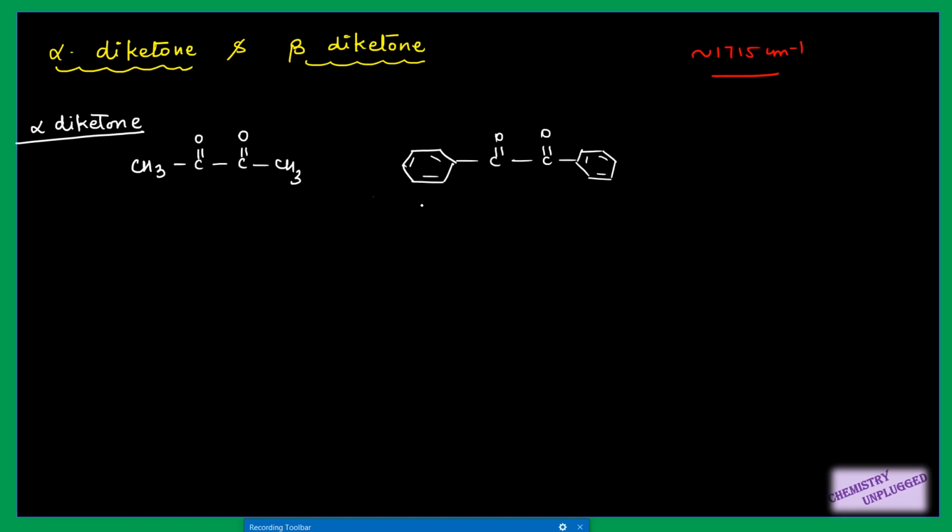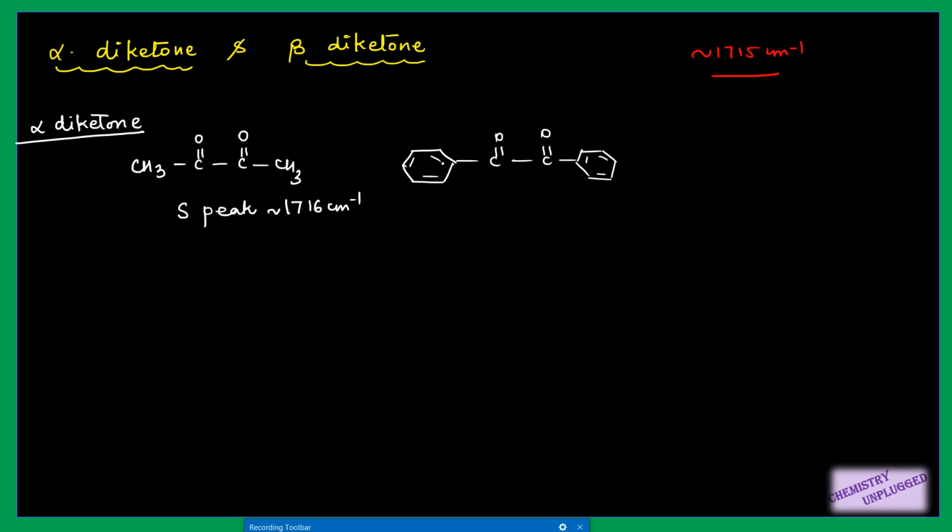So we have here two examples of alpha diketone, and in this we have only substitution with methyl, right? This is the basic type of alpha diketone, and for this we have a strong peak at 1716 centimeter inverse, almost close to your base value.